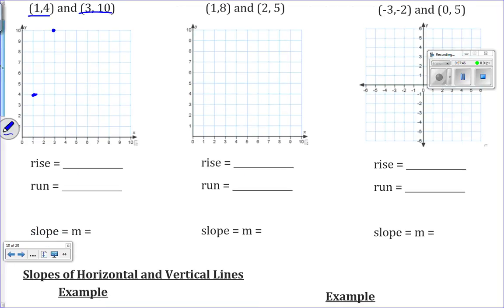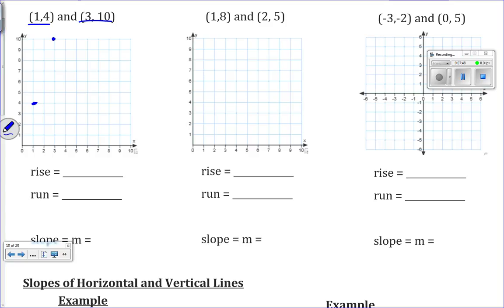How far up did I go, right? Rise means up. Well, I went up from 1. I went 1, 2, 3, 4, 5, 6 spots up. And how far over did I go? 1, 2, right? From 1 to 3. So I write it as a fraction with my rise on top, 6 over 2.